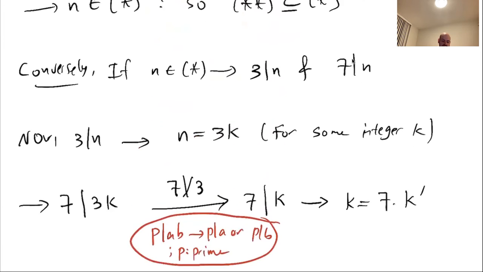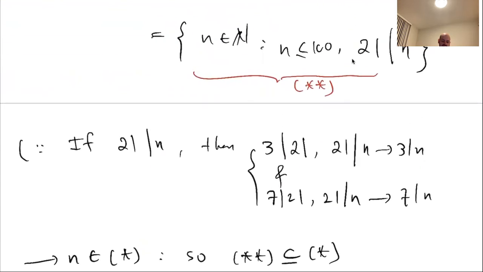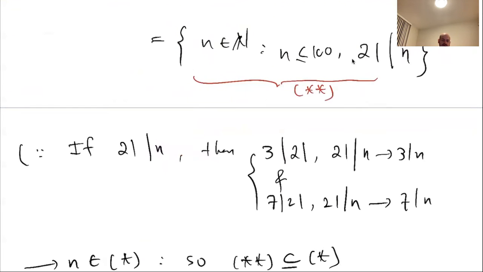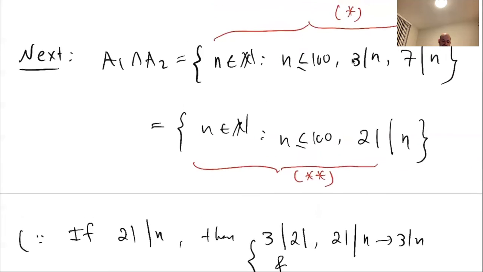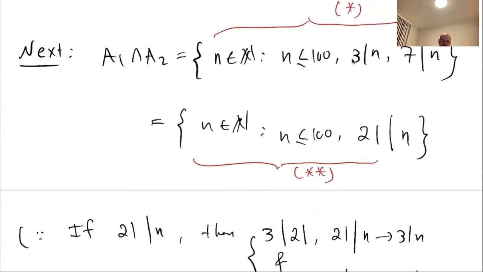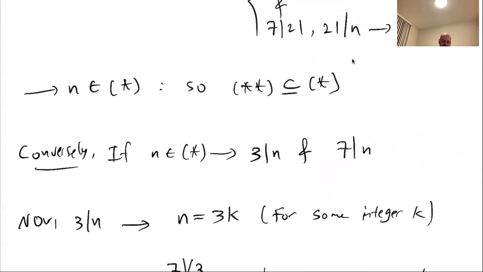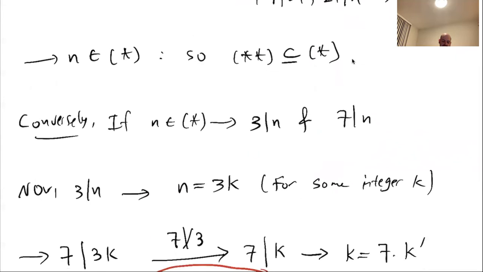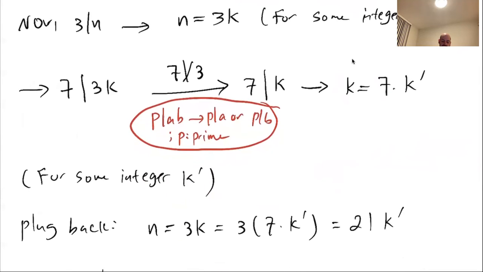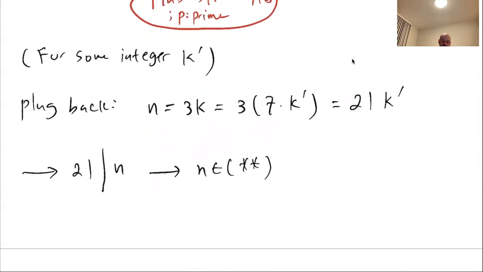Please remember 2 star was the set of all numbers less than or equal to 100 where 21 is a factor. So here, what did I do? I considered some number n in 1 star, meaning that 3 divides n and 7 divides n. After some calculation and using properties of prime numbers, I concluded that 21 divides n, and that means n belongs to 2 star.